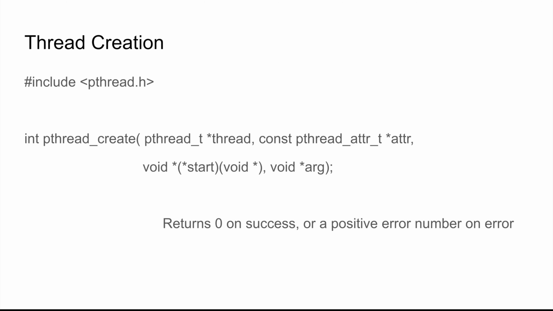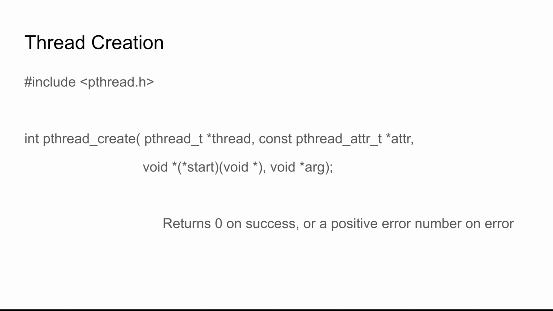ATTR dictates any thread specific customization that we would want for the new thread that is getting created. For now, we'll pass ATTR as null, but inside ATTR, we can set stack size or signal mask to use thread properties other than the default properties.